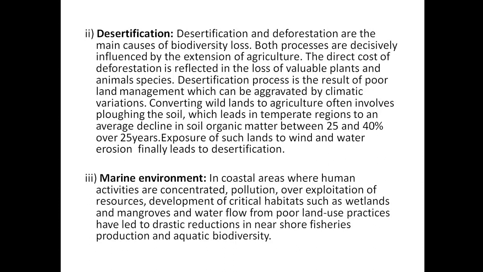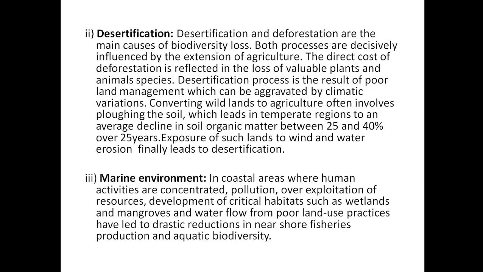Converting wild lands to agriculture often involves plowing the soil, which leads in temperate regions to an average decline in soil organic matter between 25 and 40% over 25 years. Further, exposure of such lands to wind and water erosion finally leads to desertification and biodiversity loss.